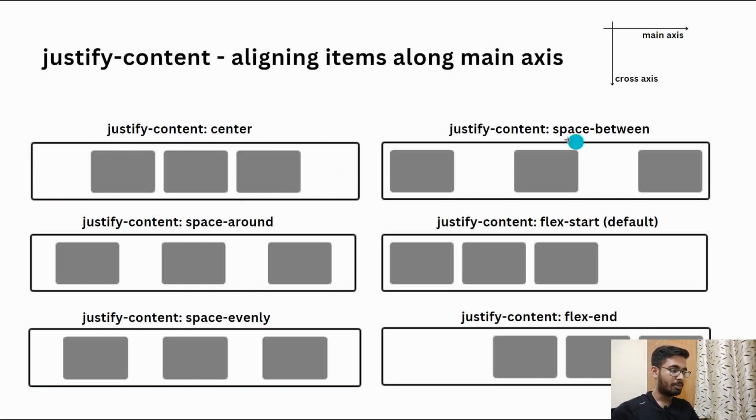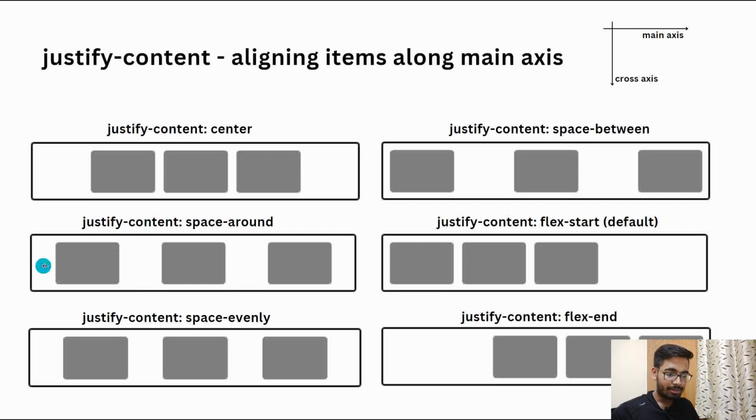Next, if we have space between, all the extra space of the container will be taken and inserted in between flex items. So now these items will be spaced out, something like this. Next we have space around. In this, I want you to imagine a line in between over here and in the center over here, somewhere like this.